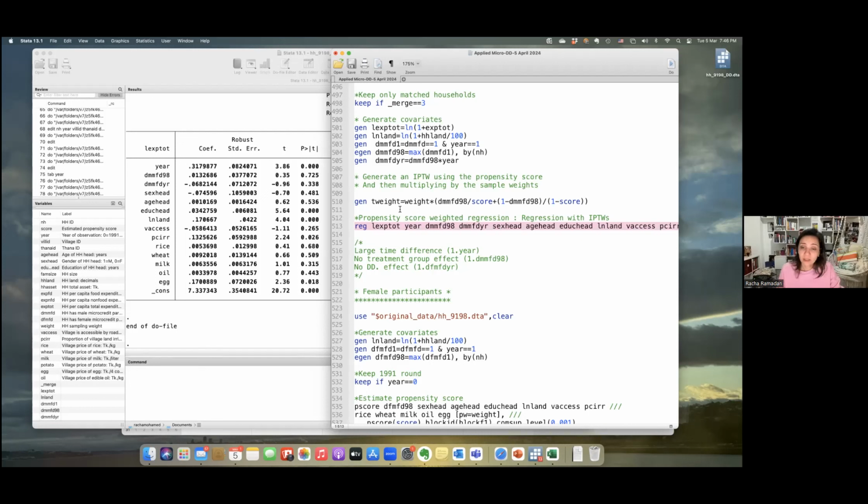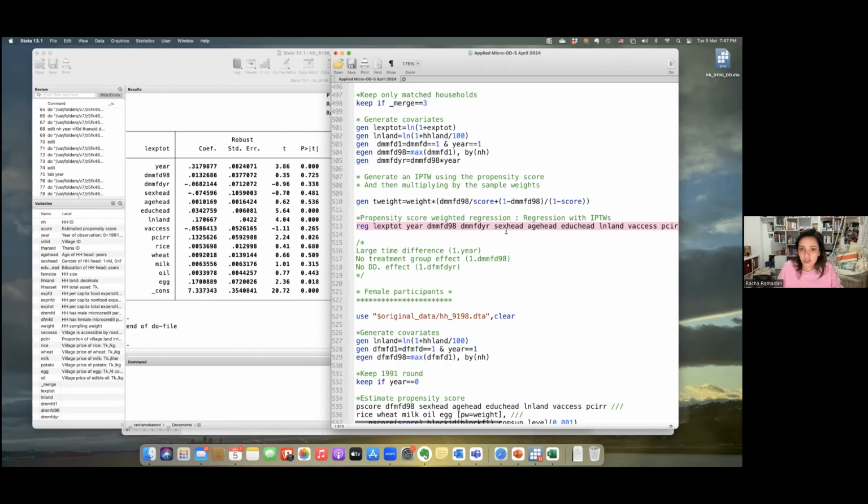So again, after calculating the p-score using the PSM method, we have the likelihood of being selected into the program for all the observations, treated and non-treated, using the characteristics that we observe. Then we calculate the weight as we did last time, and we multiply it by the sample weight.